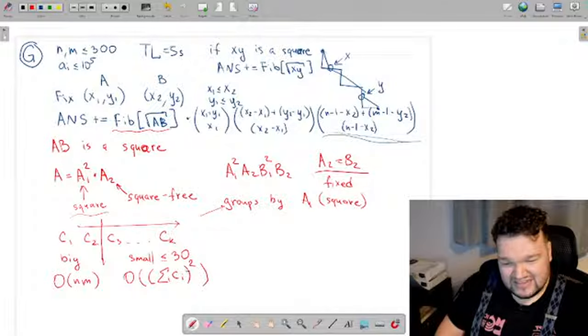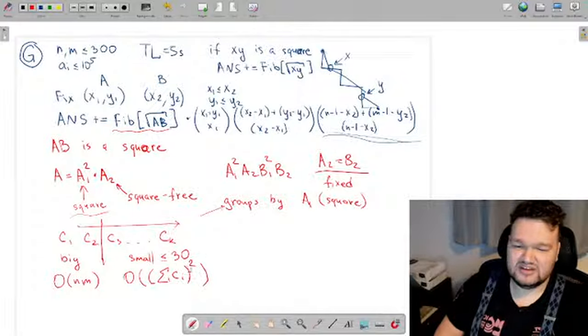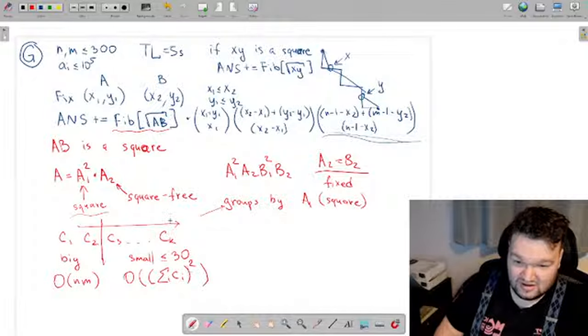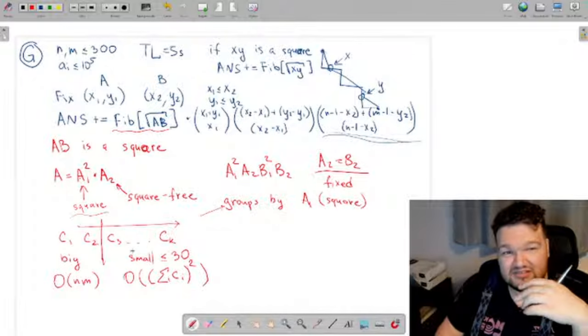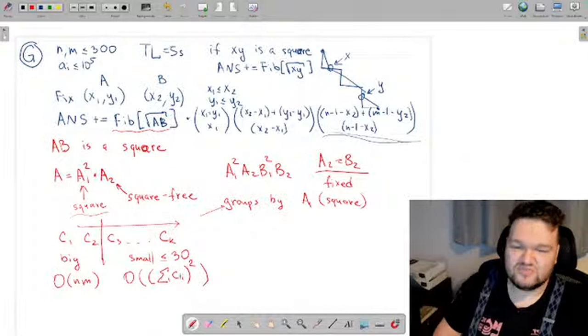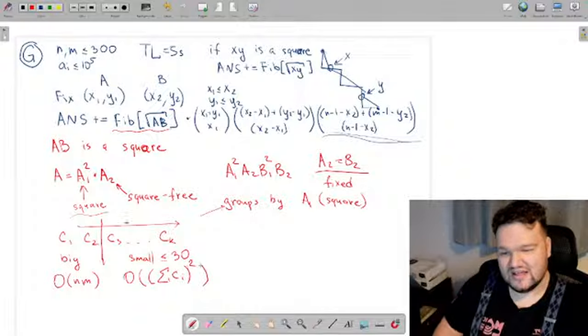So here we have the sum of those groups squared, which doesn't seem very good. The square solution worked fast because it was the sum of squares instead of the sum of all the sizes squared. The sum of all the sizes squared is bad.